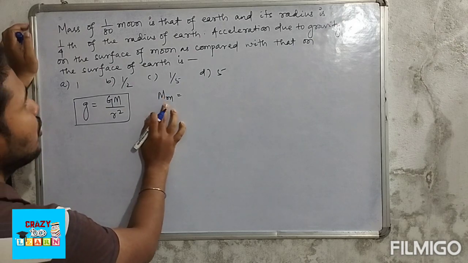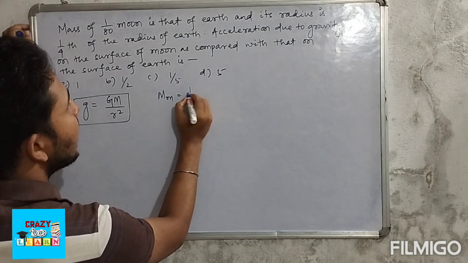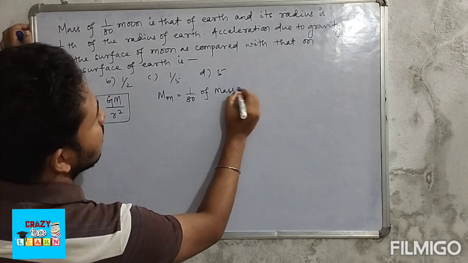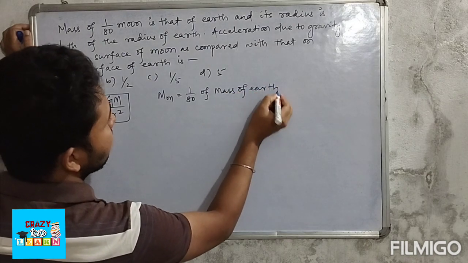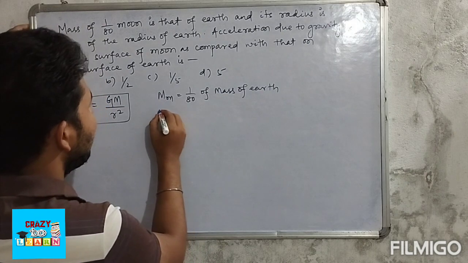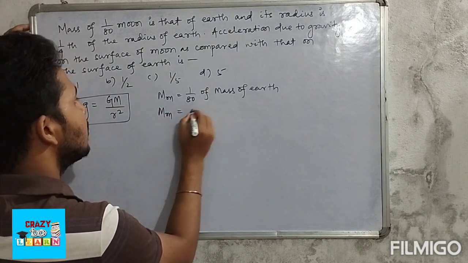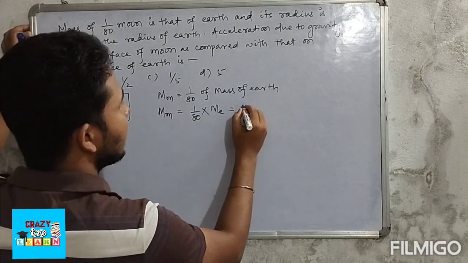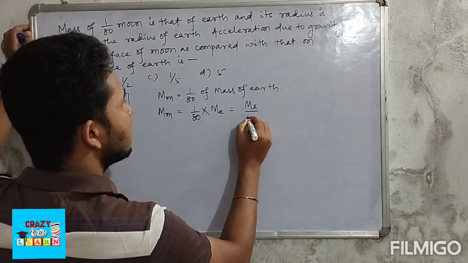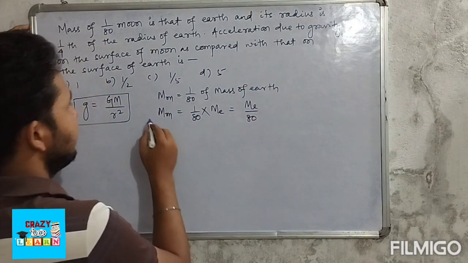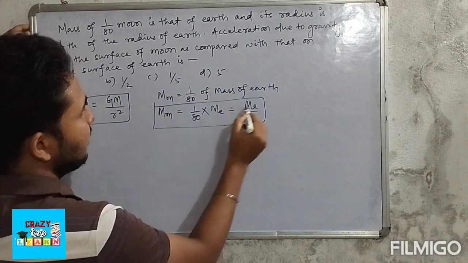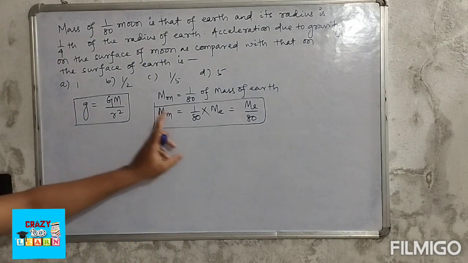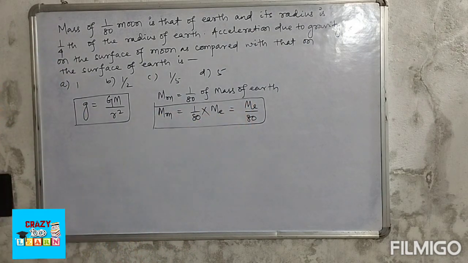The mass of the moon is 1/80 of the mass of Earth. So what is the meaning of it? The mass mm is equal to 1/80 into the mass of Earth, so you can write it as me by 80, where me means the mass of Earth.